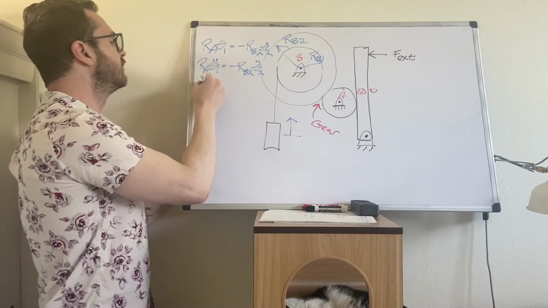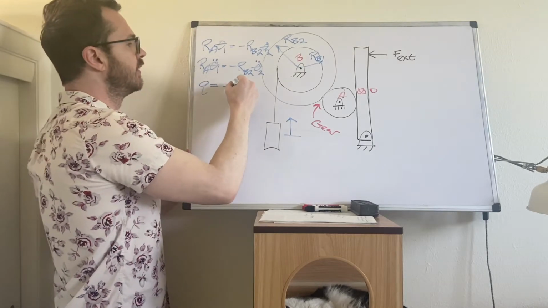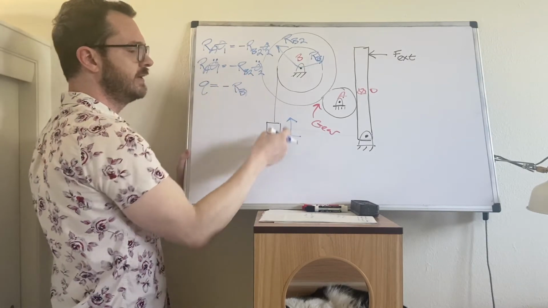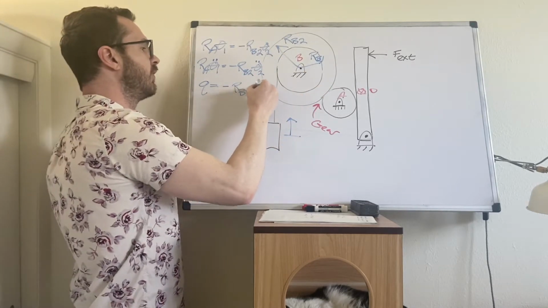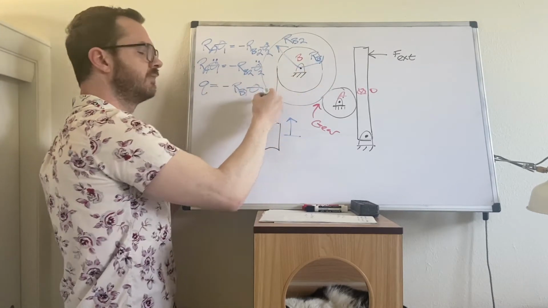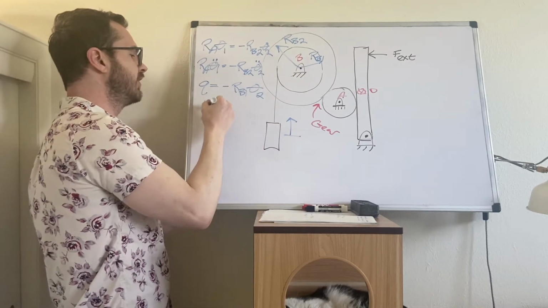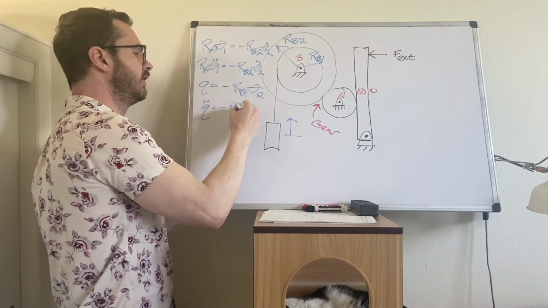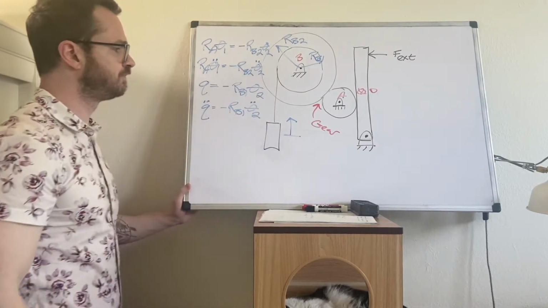So Q will equal negative, and this is RB1, right? Because the rope is wound around the interior radius. RB1 multiplied by the angle of the disk, theta 2. And of course, we can take derivatives for this as well. Q double dot equals minus RB1 theta 2 double dot.